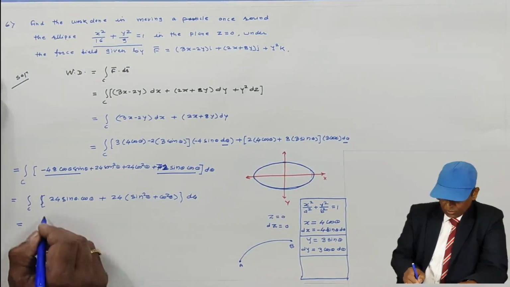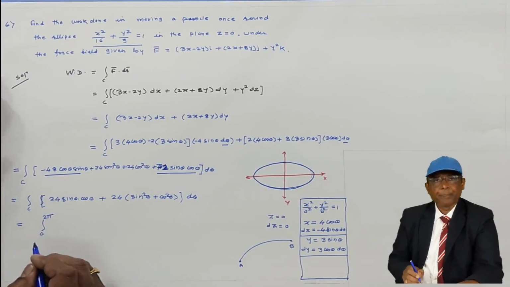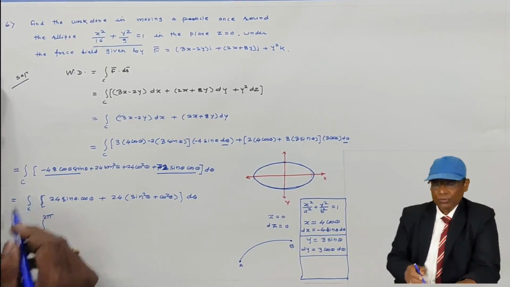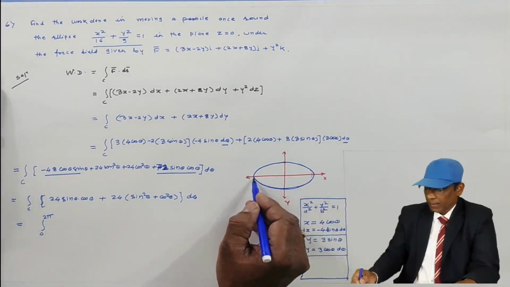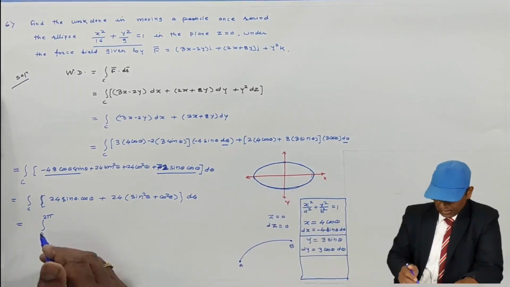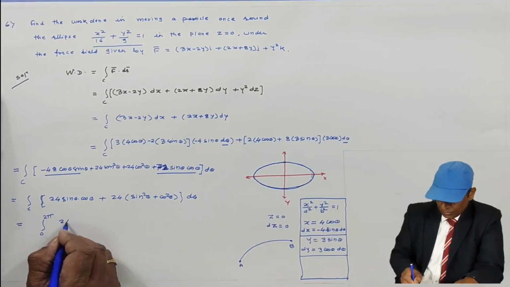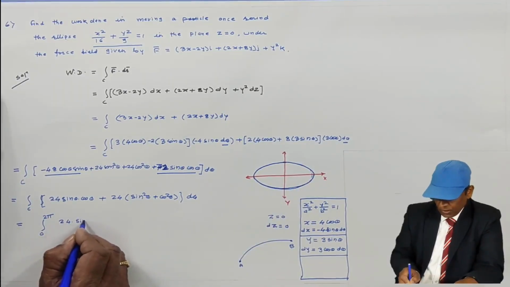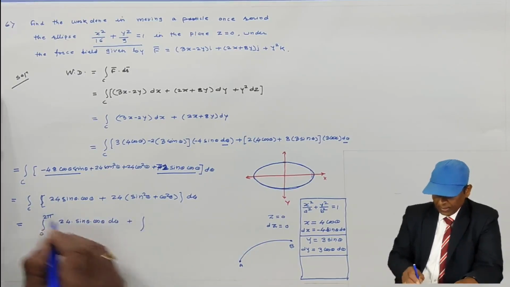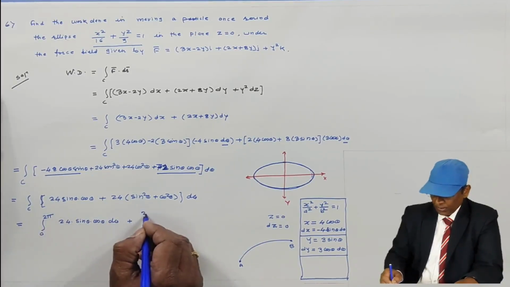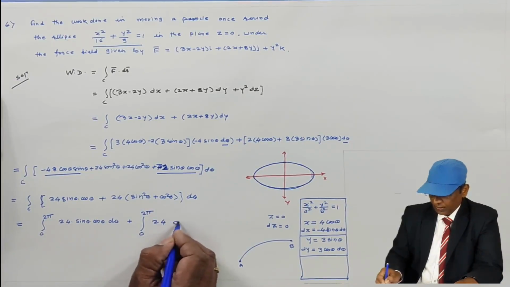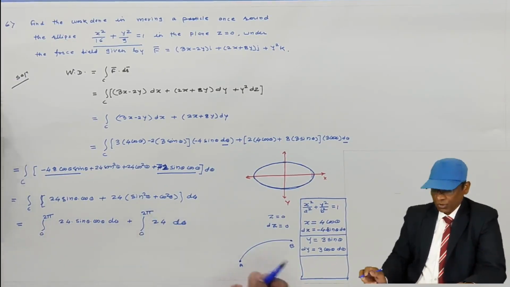Now the integral from 0 to 2 pi I am taking. You can put it here also because the particle is being moved like this. Theta varies from 0 to 2 pi. Here, the integral I am separating, 0 to 2 pi, 24 d theta. Sin square theta plus cos square theta is 1.